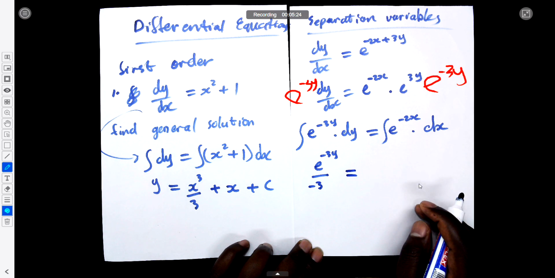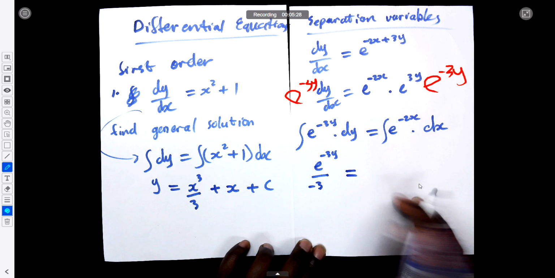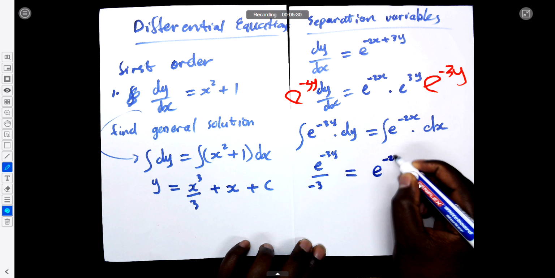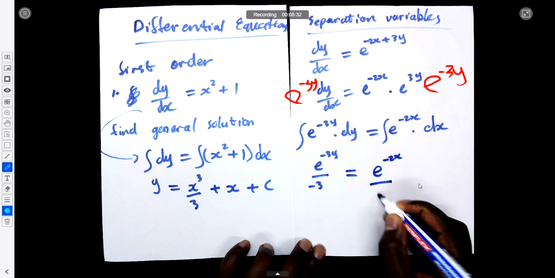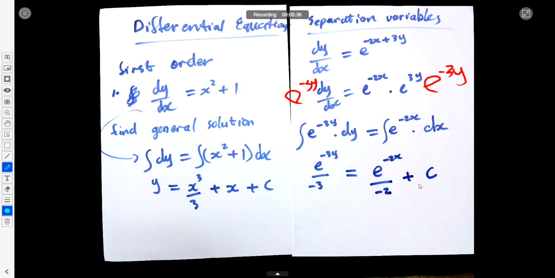It equals the right hand side, which we integrate in terms of x: e to the power of negative 2x divided by negative 2, plus, please add the constant now on the x side.